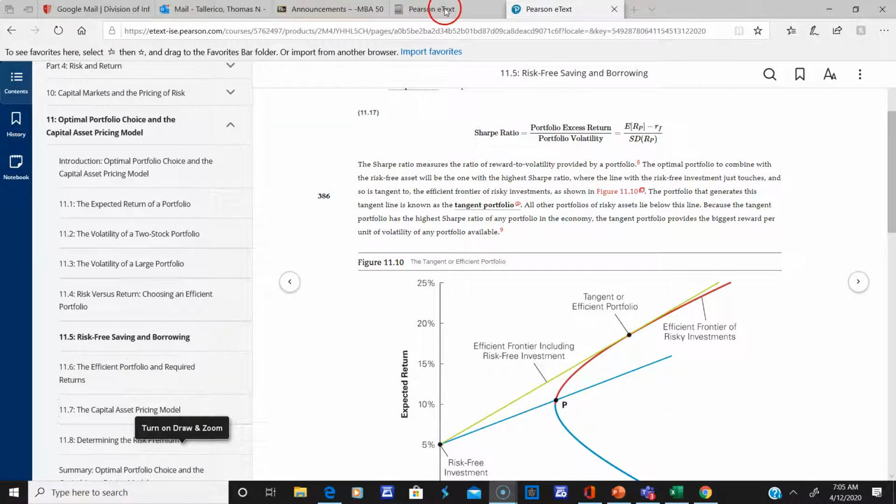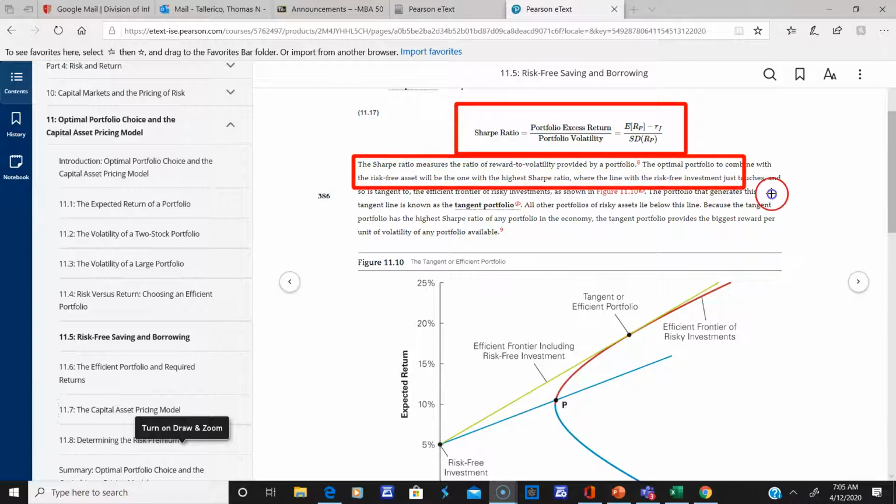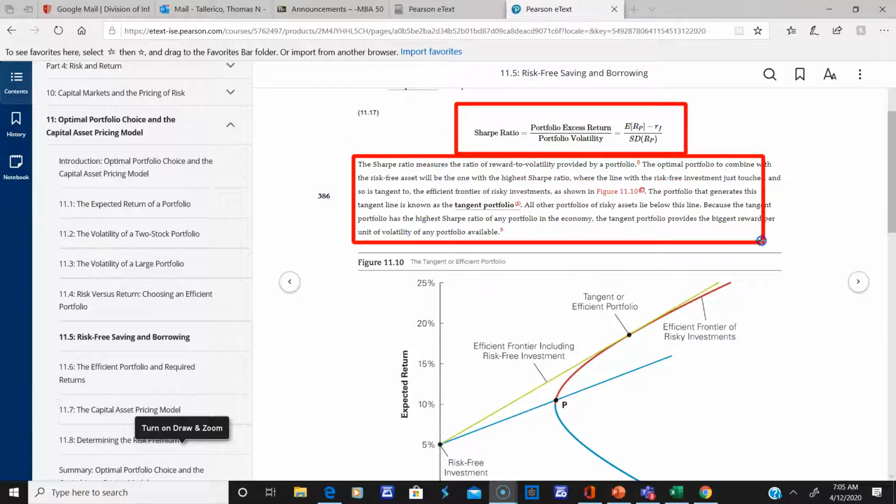You just have to know the definition of the Sharpe ratio, and that's about it. So here's the equation for the Sharpe ratio, and here are some of the definitions. Just the terms are important. You're not going to be tested on this math. I know you may be concerned about that.